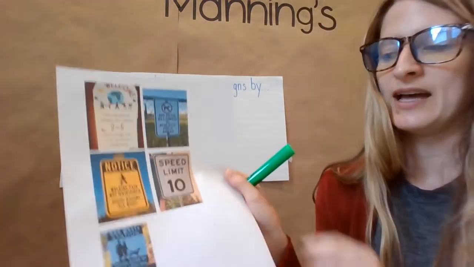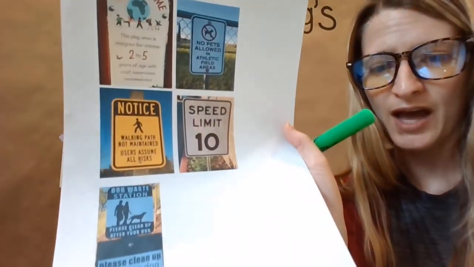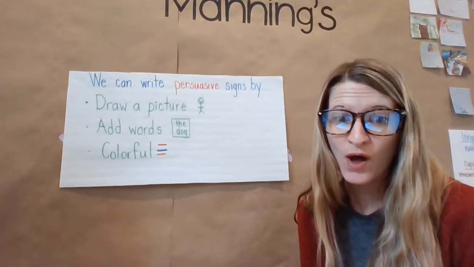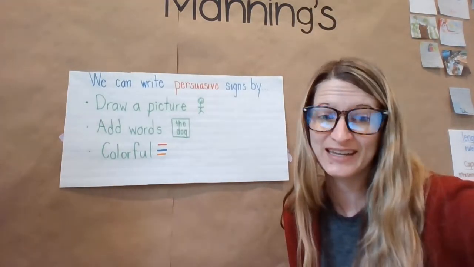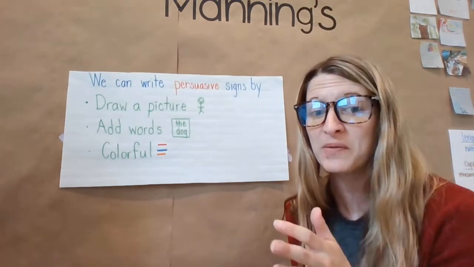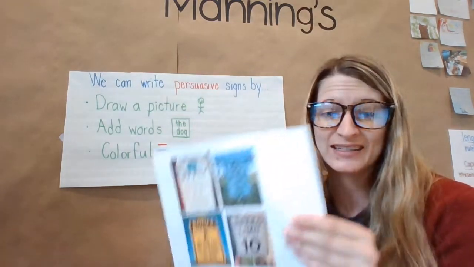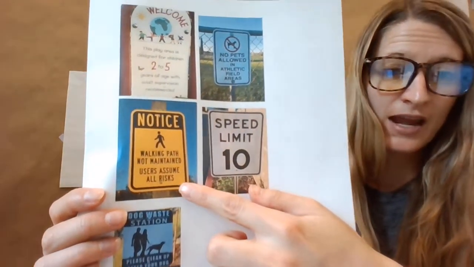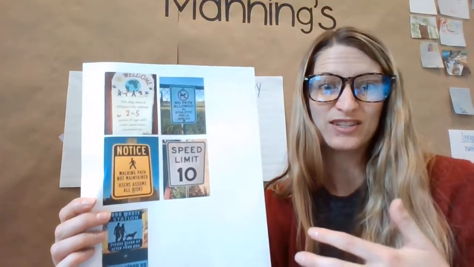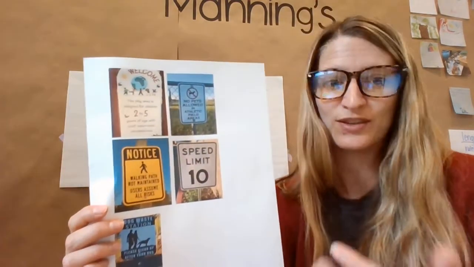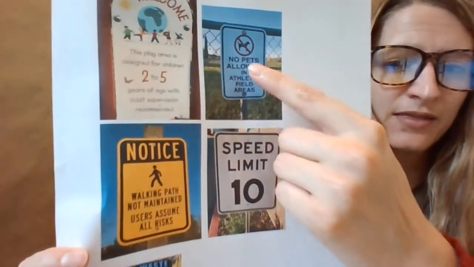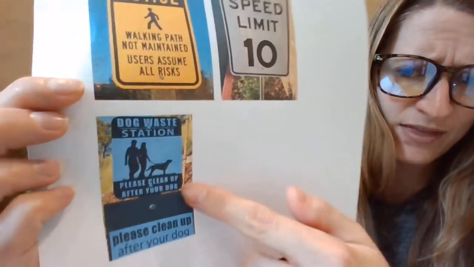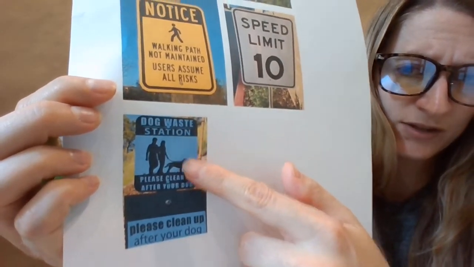Sometimes you might have noticed that the letters are in uppercase. And usually when we write in books, only the first letter in the sentence is uppercase and the rest are lowercase. But on signs, this can be different. Look here, every single letter is an uppercase capital, almost like they're saying it really loudly to you so that you will listen to them. And this one has all uppercase letters. And this one has a lot of uppercase letters too.